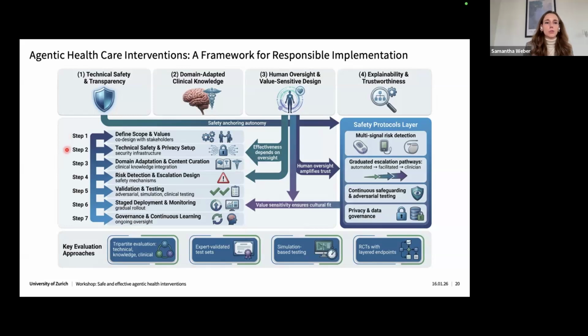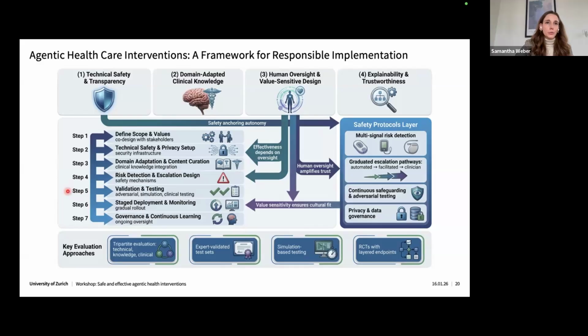Very early in the process, we should get clear about the technical safety and privacy setup, to then have the domain adaptation. We should develop the guidelines and clinical knowledge integration together with clinicians, and early enough think about risk detection and the different escalation pathways.